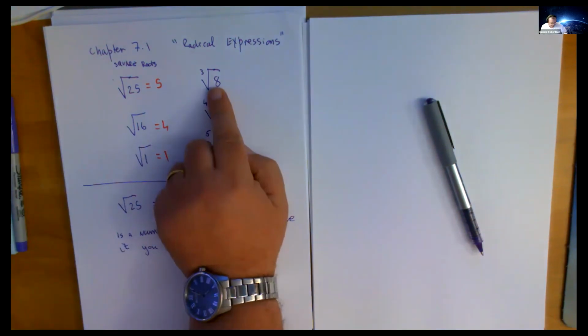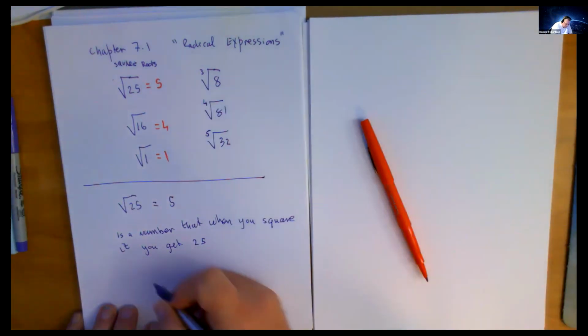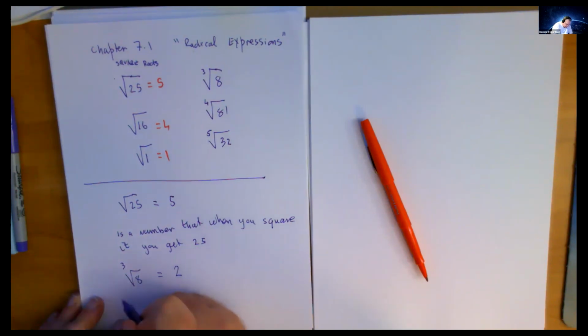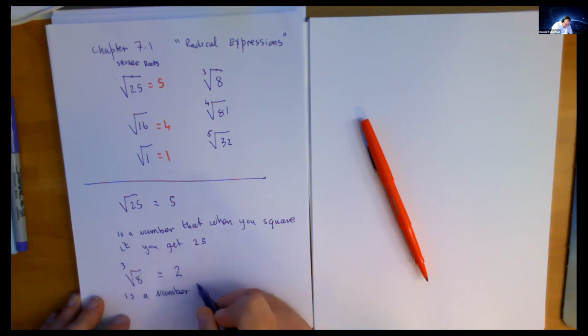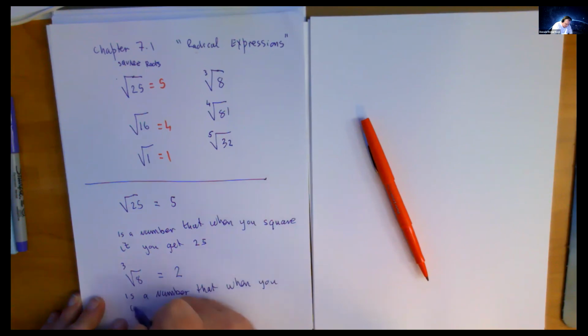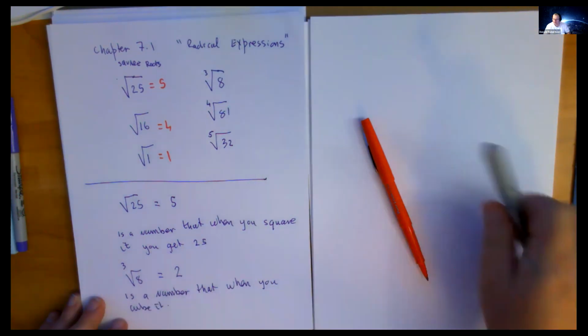Now, cube roots. Well, the cube root of 8 is in fact the number 2. And what does a cube root look like? Well, the cube root is a number that when you cube it, cube it means you multiply it by itself and then by itself again.